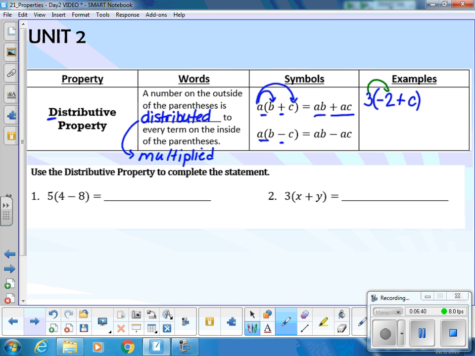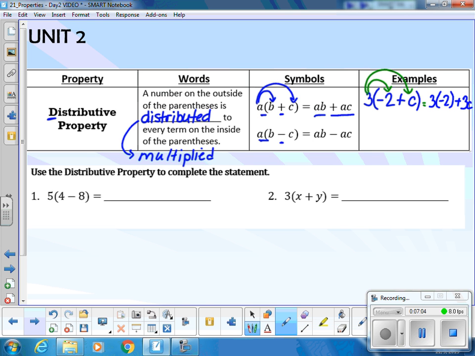So the 3 has to kiss that negative 2, or multiply by that negative 2, and then kiss that C. So we rewrite it as 3 times negative 2 plus 3 times that C, or just 3C. I don't have to use the parentheses. I can, but I don't have to.